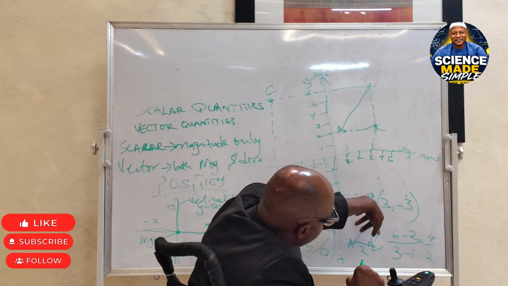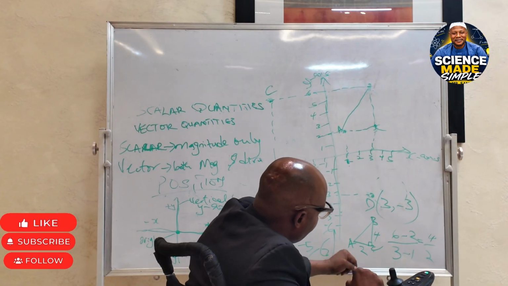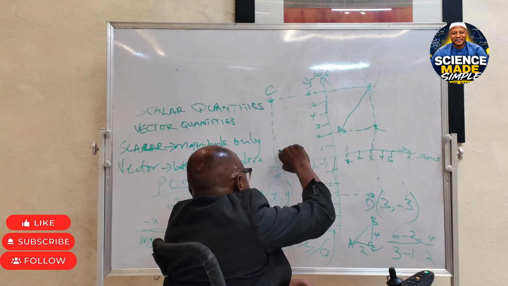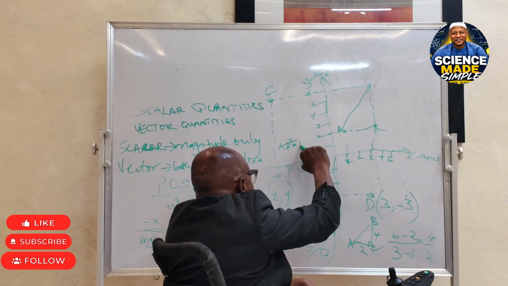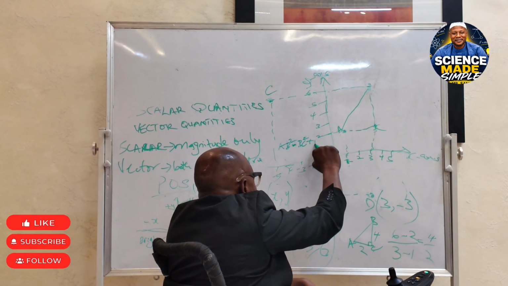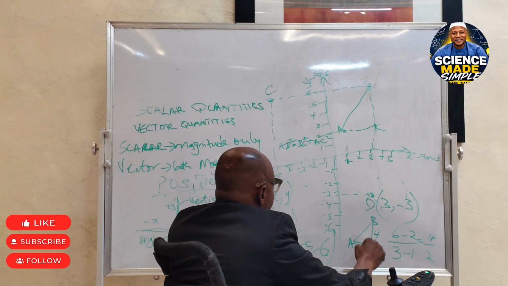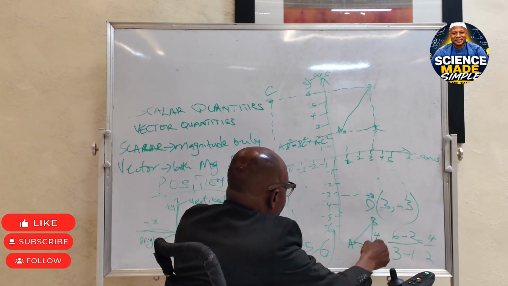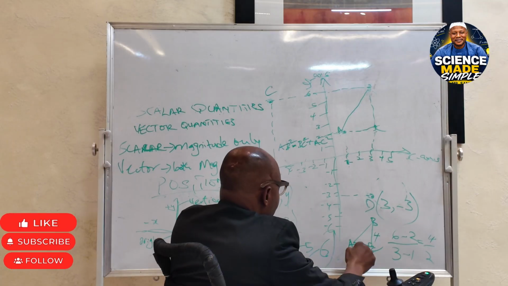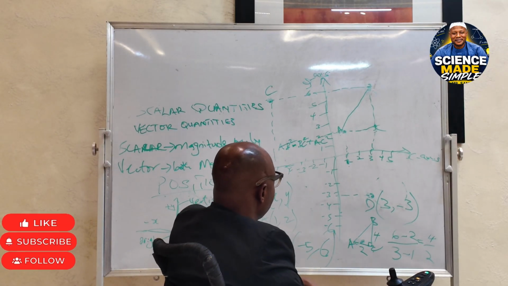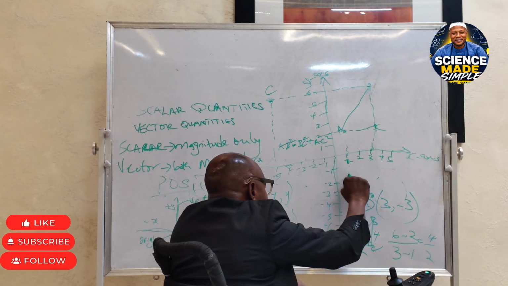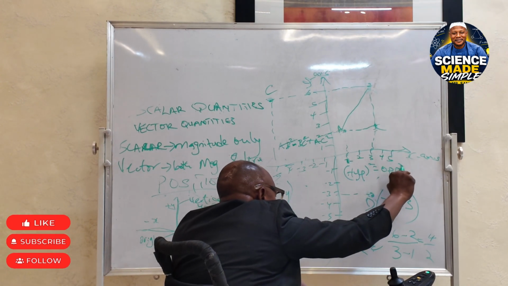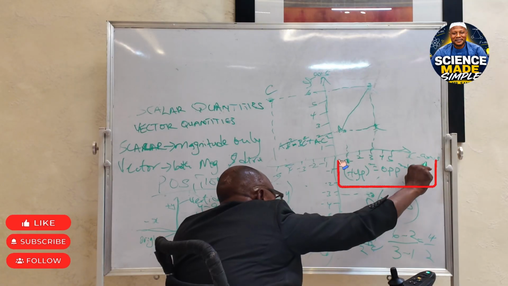So with this right angle triangle, you can use Pythagoras theorem to get AB. From Pythagoras theorem, AB square is equal to BC square plus AC square. Pythagoras theorem: hypotenuse square is equal to opposite square plus adjacent square.